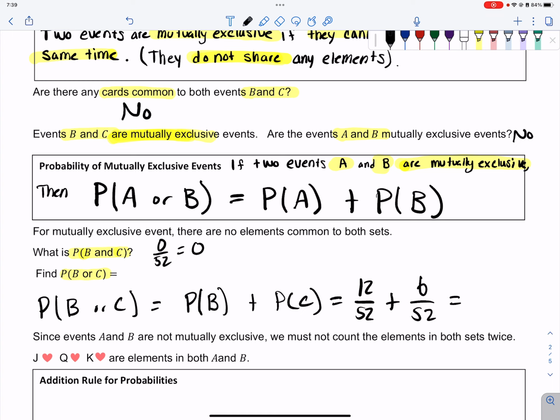When I have 2 fractions and I want to add them together, as long as the denominators are equal to each other, in this case I left them both as 52, I can just add the numerators together and keep the denominator as 52. So this gives us 18 over 52 as our probability of B or C happening.